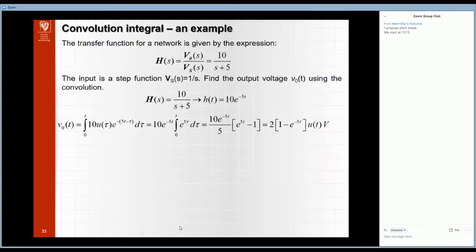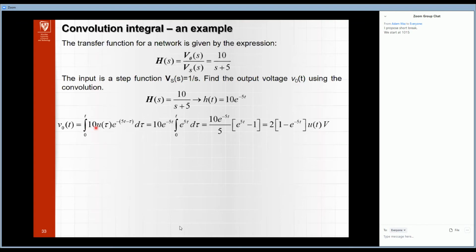First of all, we transform H(s) to h(t), and we know that it is the shifting. Now we convolve this h(t) with this v(t).